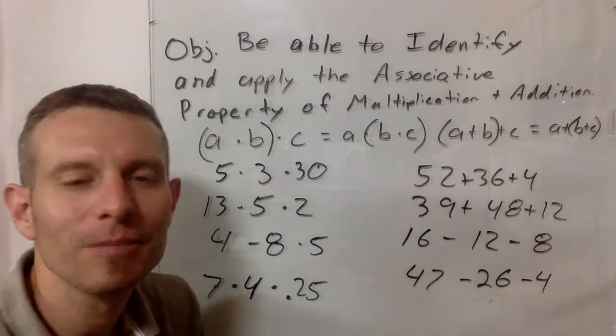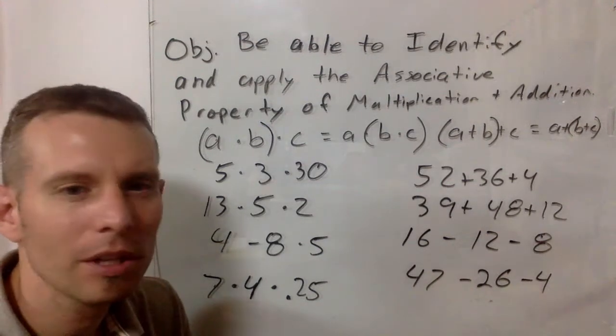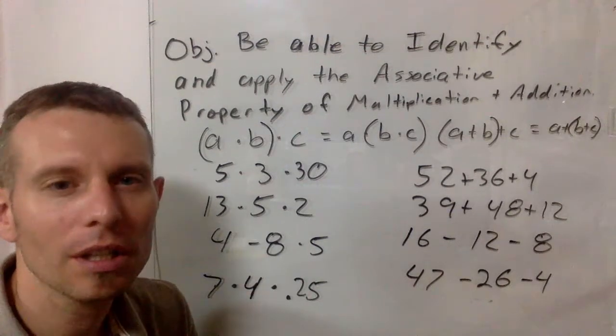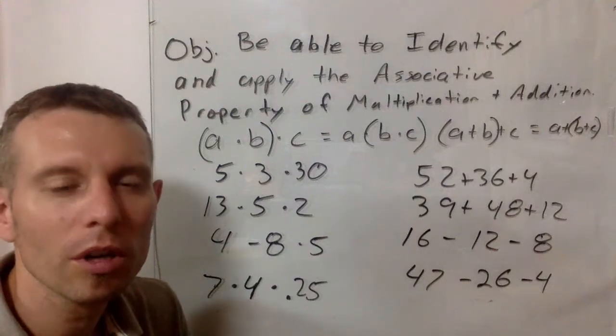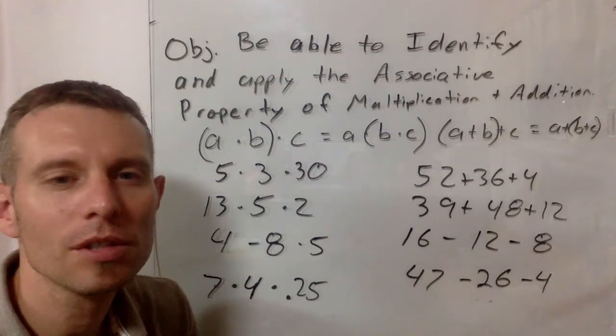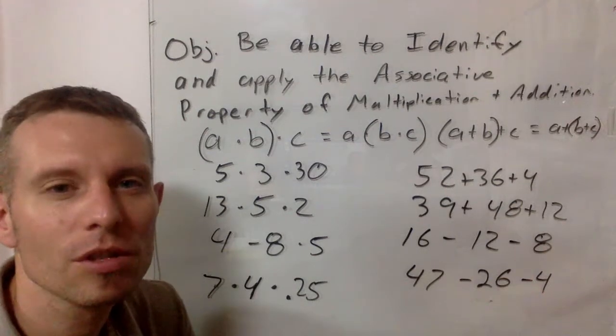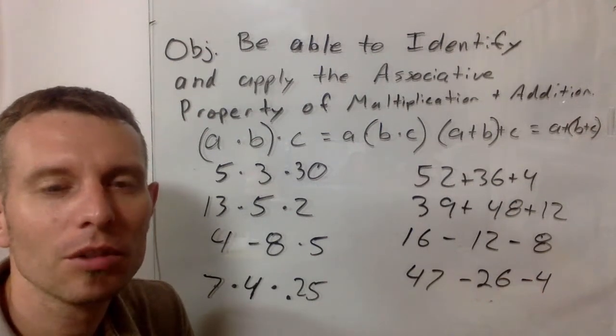So let's get started. Well, what do we think of when we think of the word associate? Your associate is usually the people you work with, or you hang out with, or you do something together. You associate with people, people you talk to.